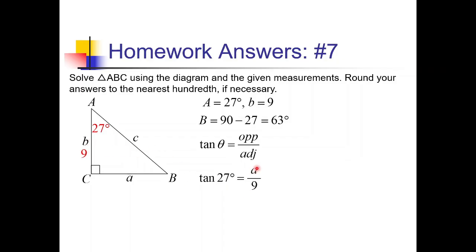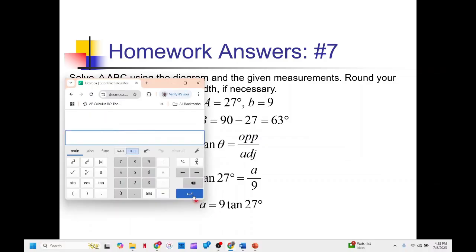And then to get A, I just need to do 9 times the tan of 27. And if I run this on the calculator, 9 times tan of 27 comes out to approximately, they wanted nearest hundredth actually, so 4.59.